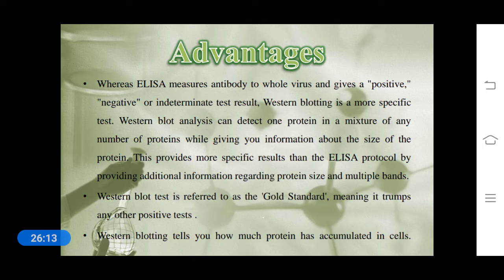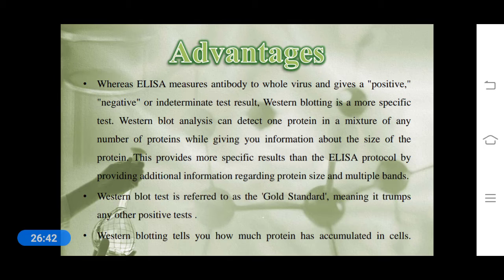Western blot analysis can detect one protein in a mixture of any number of proteins. In ELISA, only the interaction between antibody and antigen will be recorded, whereas Western blot is based on protein, and any part of the protein in a mixture of a number of proteins can be easily detected.